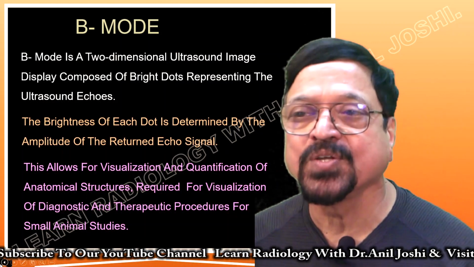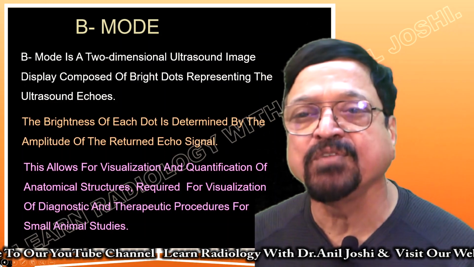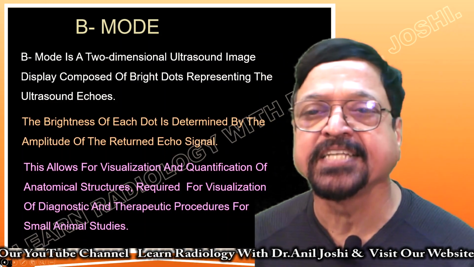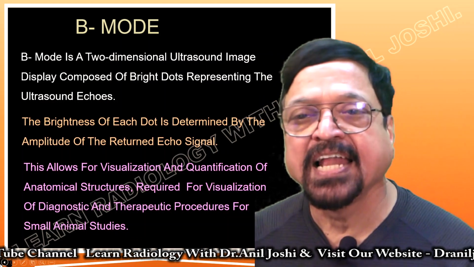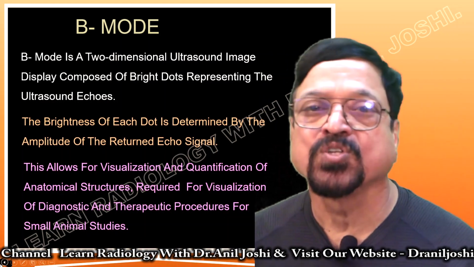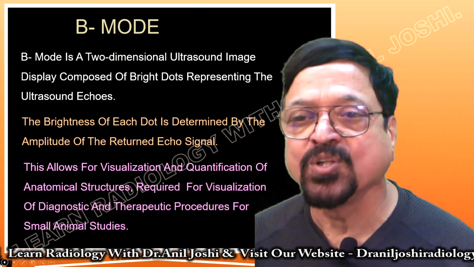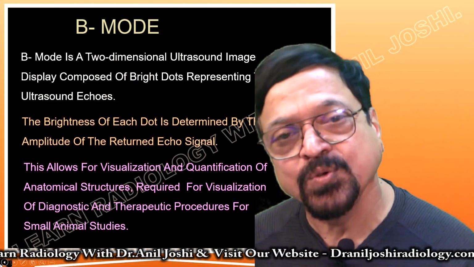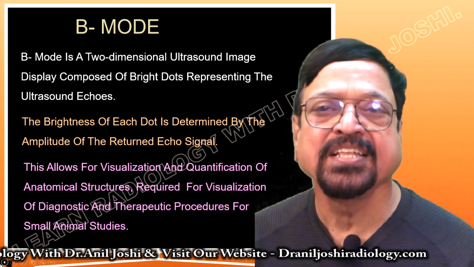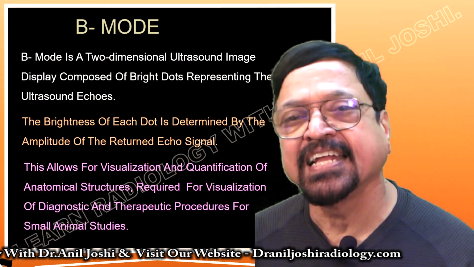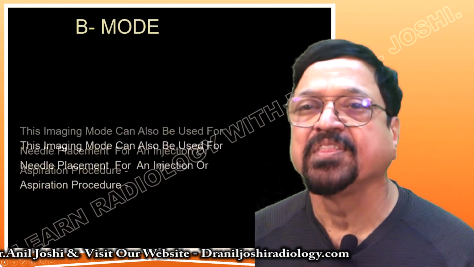This allows visualization and quantification of anatomical structures required for diagnosis and therapeutic purposes, for human as well as animal studies, because all human research starts from animals, and there this can be used, and they get the results once any technology or any object is tested.